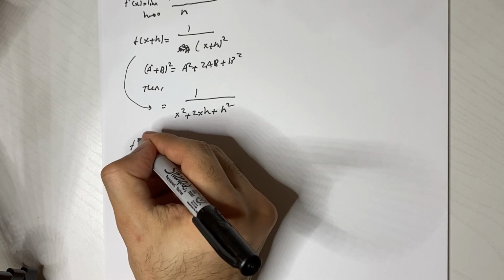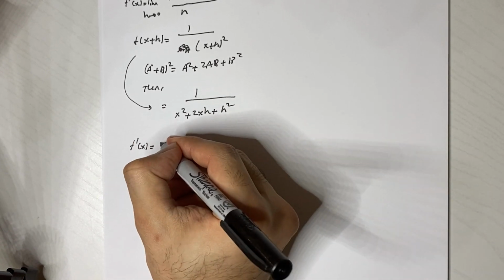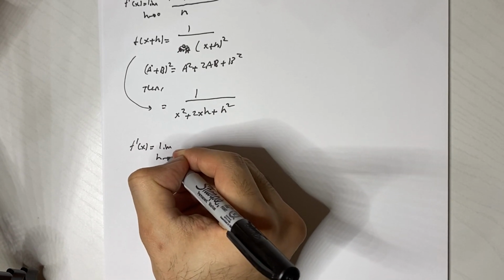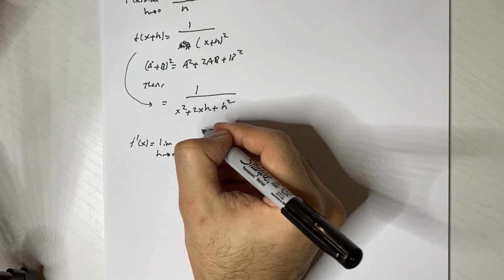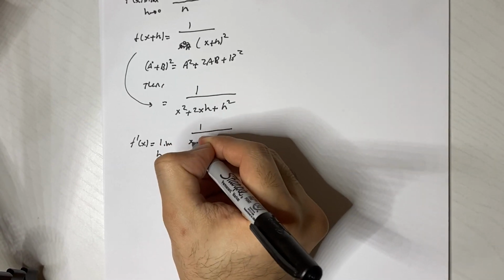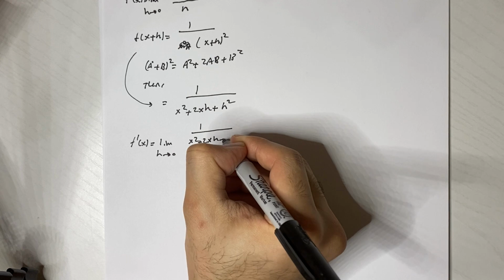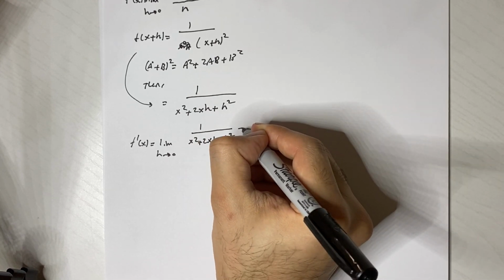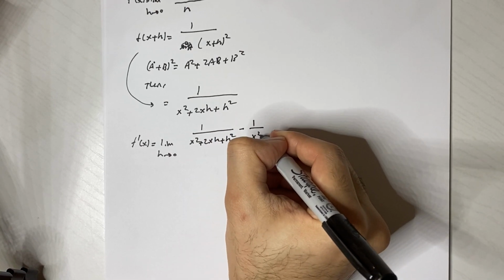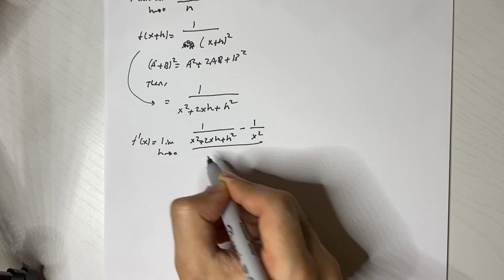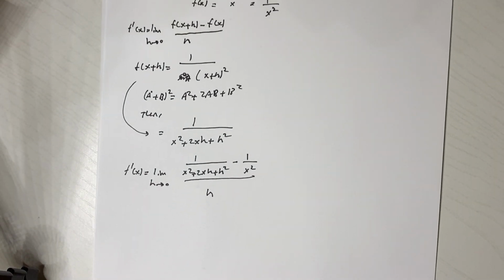Now what we can do is bring the whole term together again. We will substitute f of x plus h by what we found in the last step. And then this is our f of x, and then all over h.